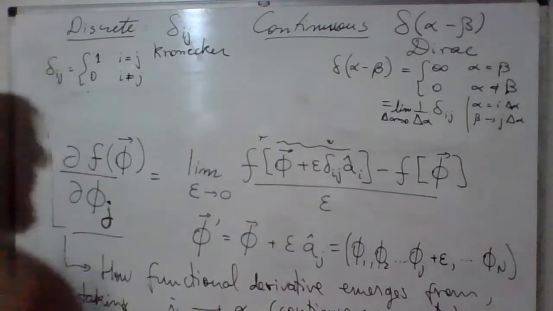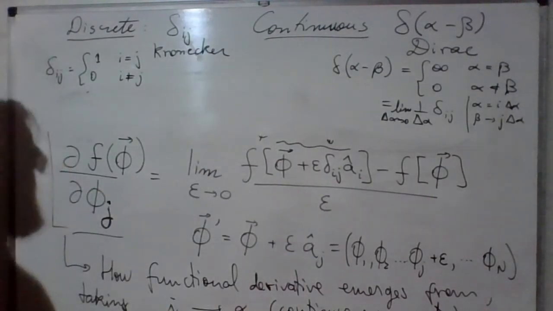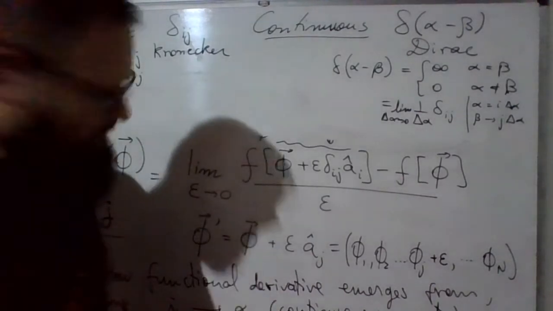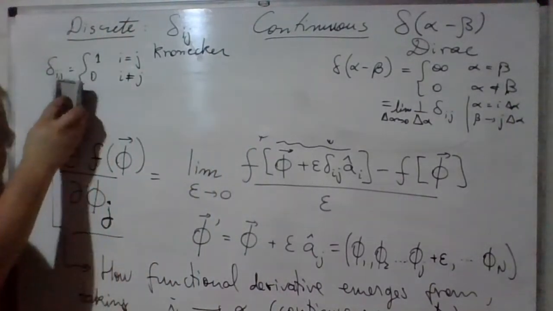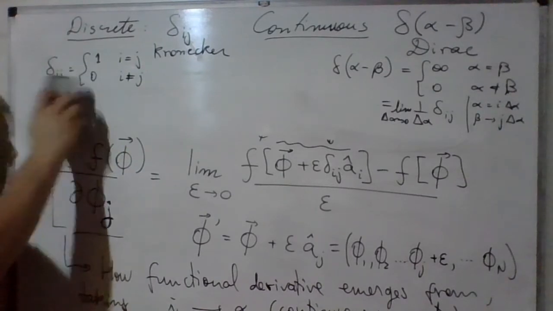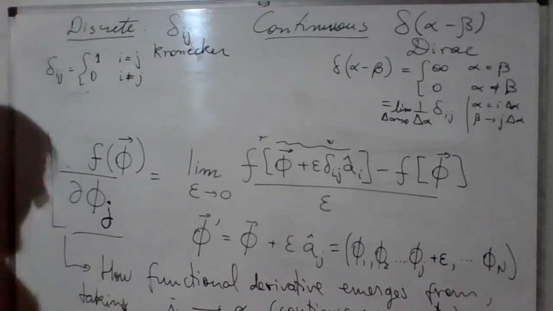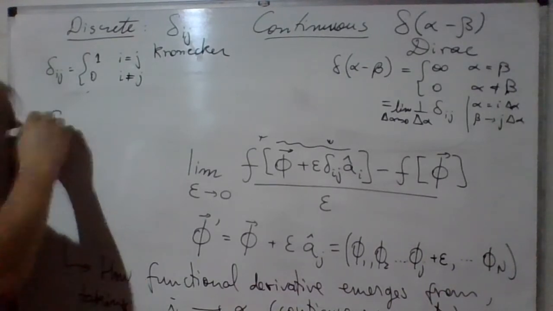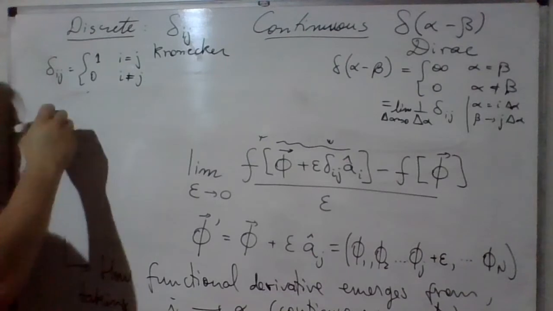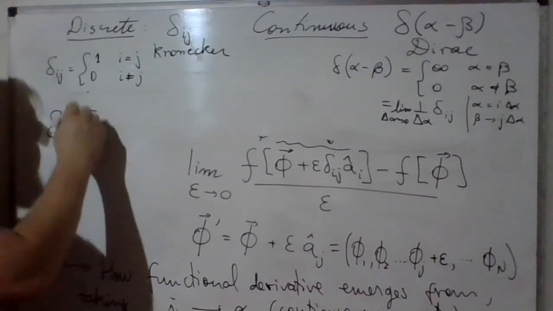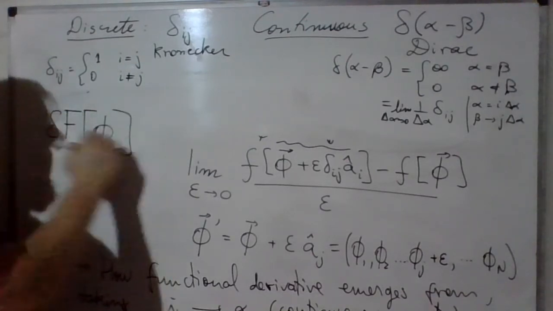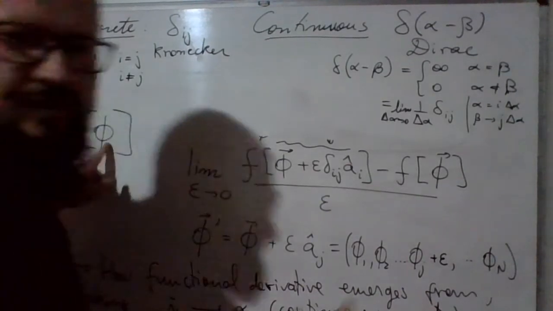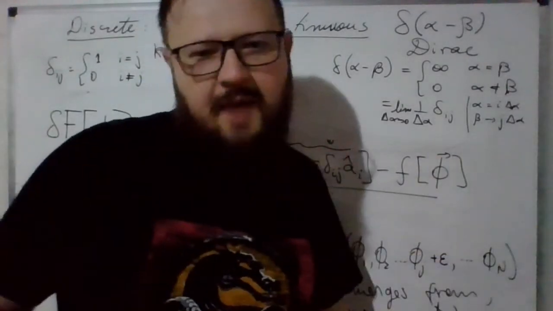Well, we have to modify a little bit the notation. So in replacement of partial derivatives, we have the functional derivative of a functional of a set of numbers which corresponds to a continuous function, perhaps.